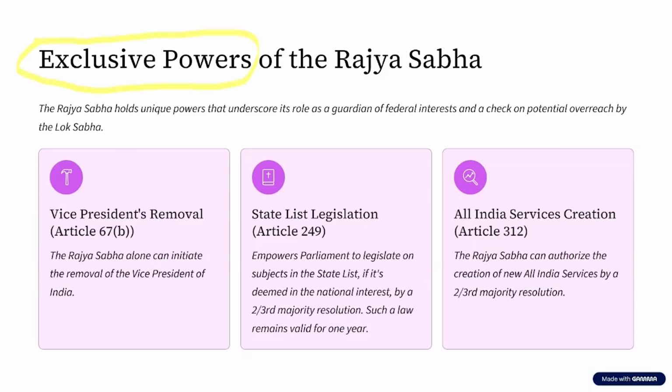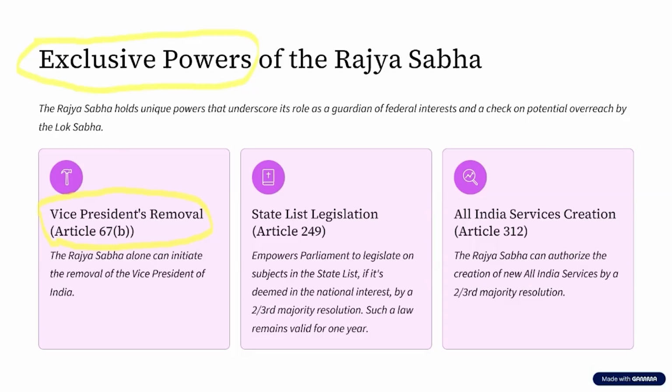The first exclusive power is the removal of the Vice President of India. That is Article 67, Clause B. Now, why is this vice president's removal power mainly given to Rajya Sabha? Because we know that the vice president of India also acts as the chairperson of Rajya Sabha.